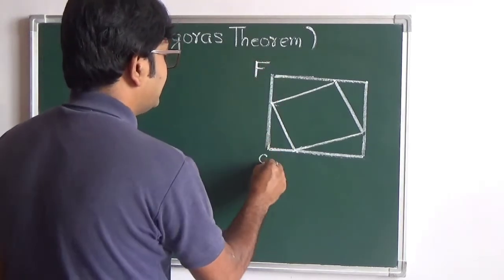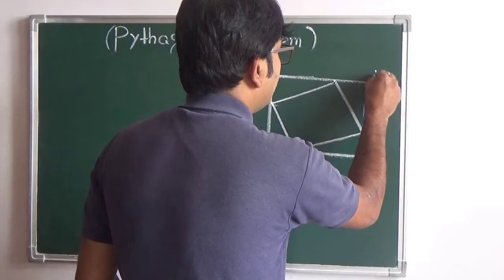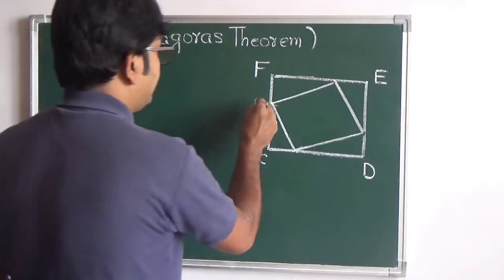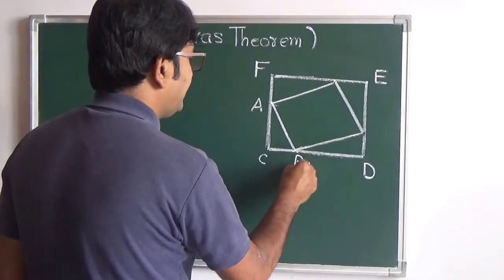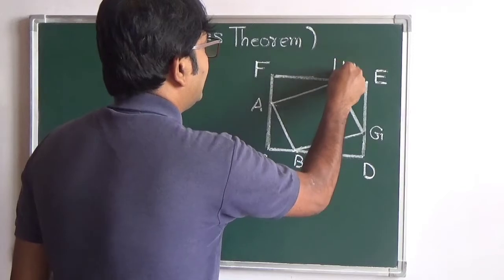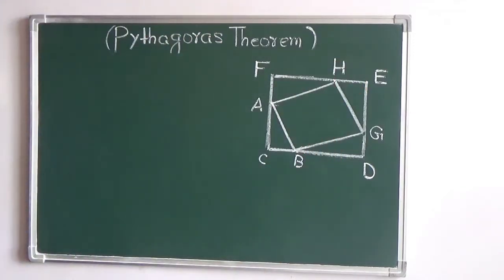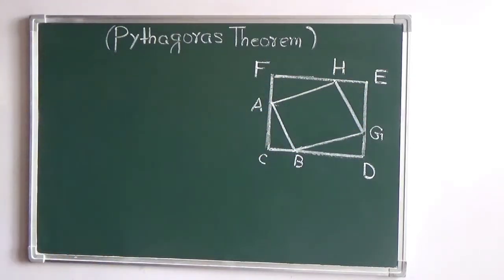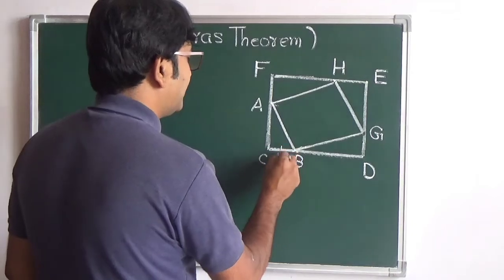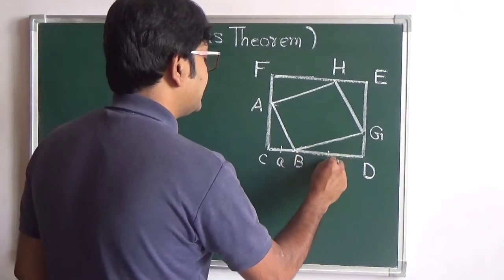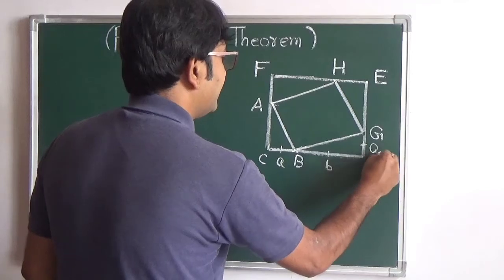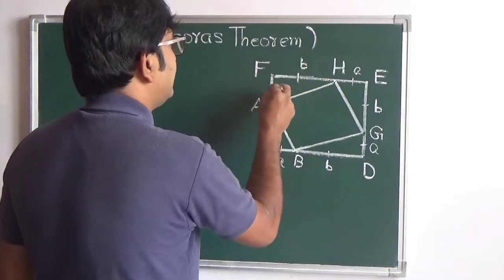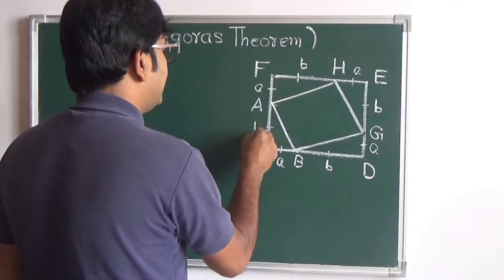This is F, this is C, this is D, and this is E. Let the points on the sides be A, B, G, and H. Now the bigger square FCDE, the side of the square is A plus B. The smaller part take as A and the bigger part as B. So this is A, this is B, this is A, this is B, A, and this is B.